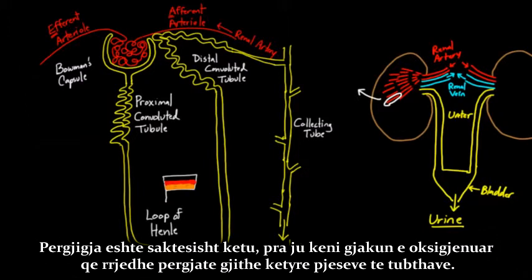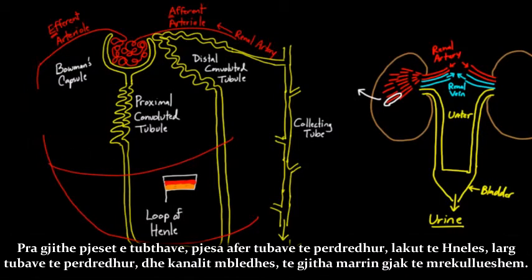So you basically get red blood or oxygenated blood flowing over all these parts of the tubule. All these parts of the tubule get oxygenated blood. So all the parts of the proximal convoluted tubule, the loop of Henle, the distal convoluted tubule, and the collecting duct all get wonderful blood.